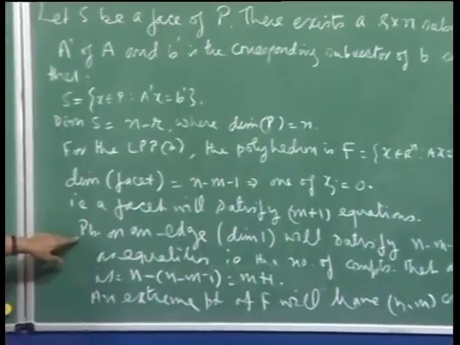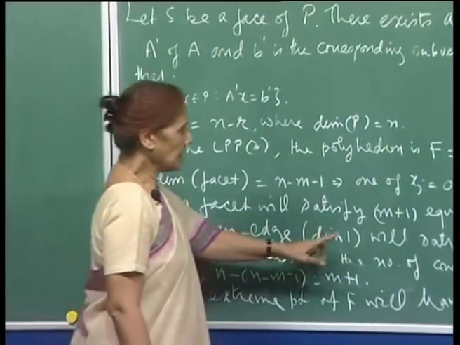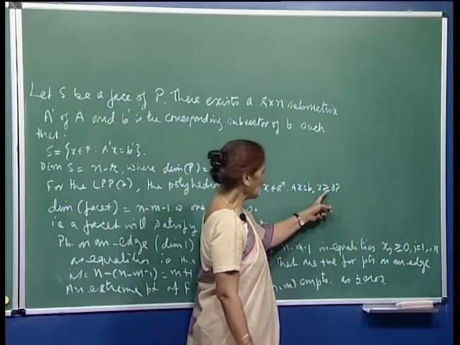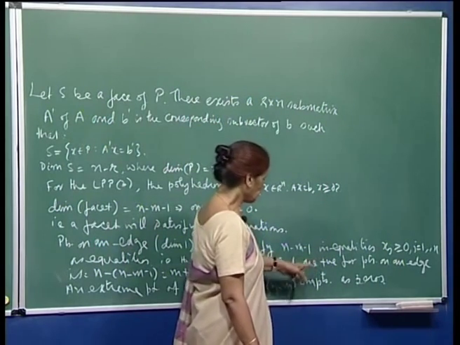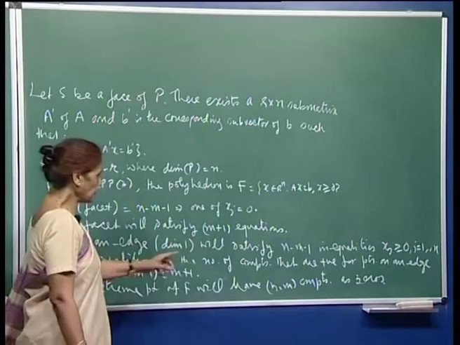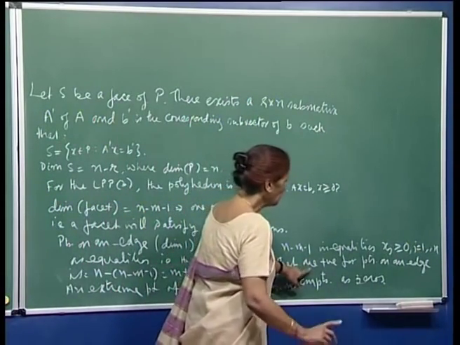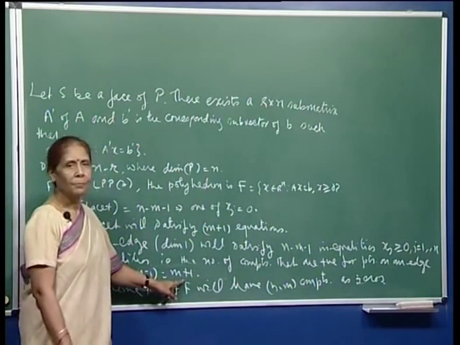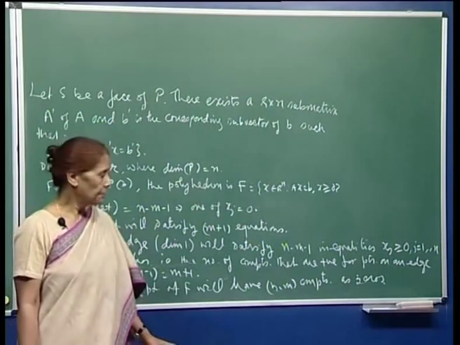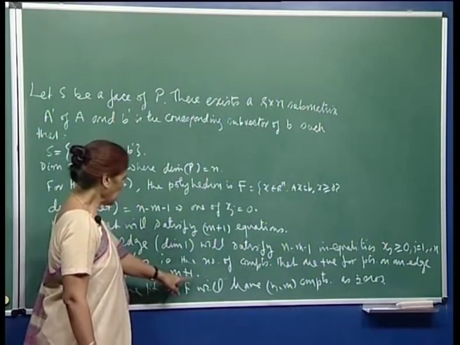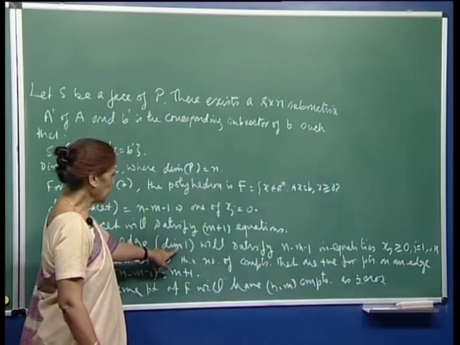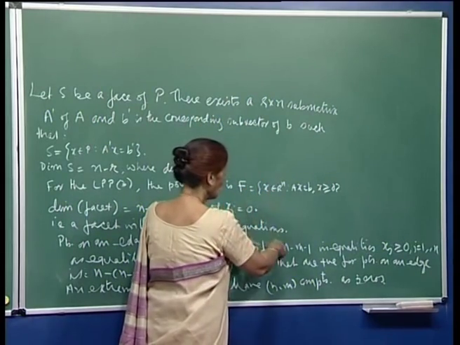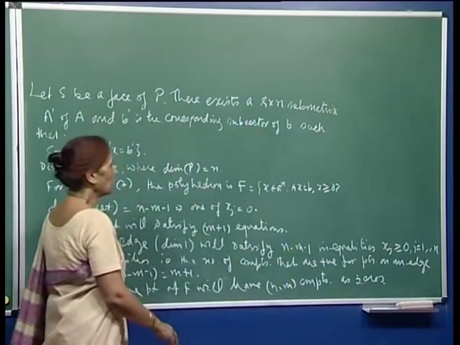Then points on an edge, because the dimension of an edge is 1, must satisfy n minus m minus 1 inequalities from here as equalities, which means the number of components that are positive for points on an edge will be n minus (n minus m minus 1), which means m plus 1. So for points on an edge, the number of components that can be positive is m plus 1, because the dimension of an edge is 1. The dimension of F is n minus m, so it must satisfy n minus m minus 1 inequalities as equalities.